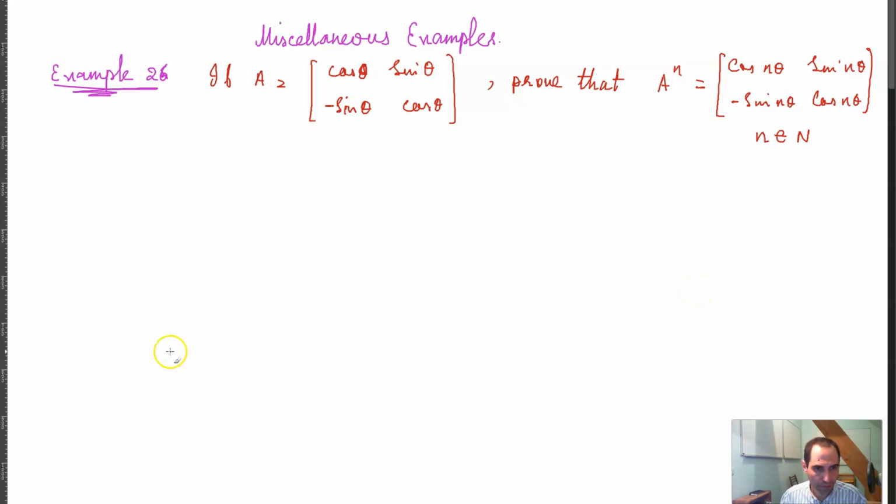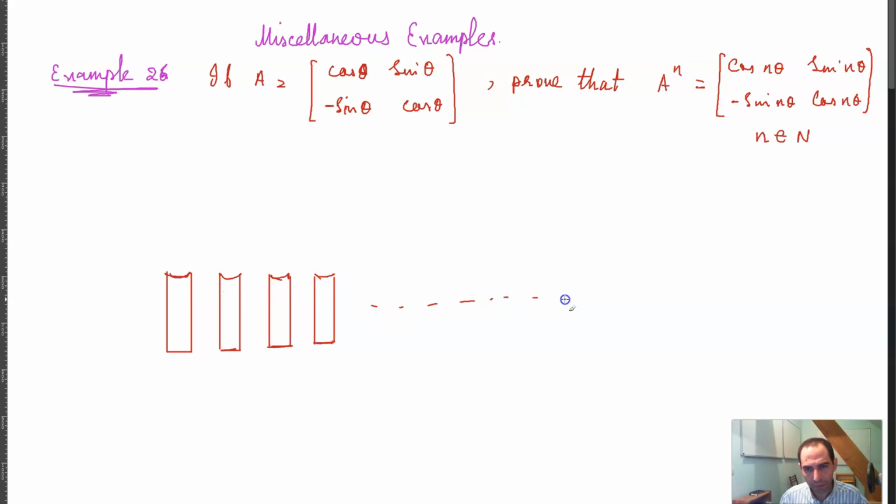For example, you have this book over here, and you have another book over here, and another book over here, and another book over here, all the way up to some book that you have over here. These are all books laid on their backs. This is n books over here.